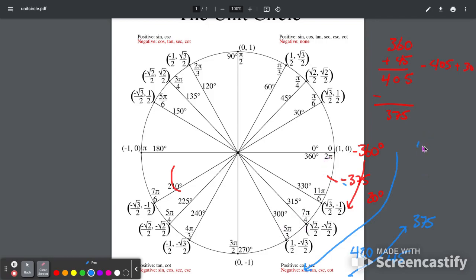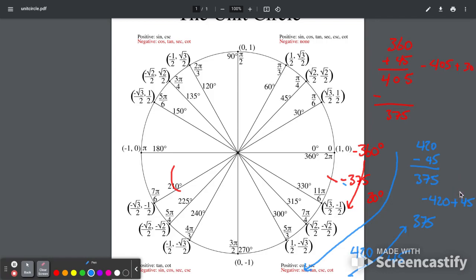From 420, I take away 45 degrees, and that takes me down to 420 minus 45, which also takes me back to 375. So my two angles there would be negative 420 plus 45. Either one of these would actually work for the problem that you're working. It doesn't really matter either way.